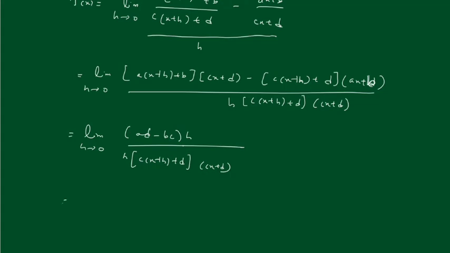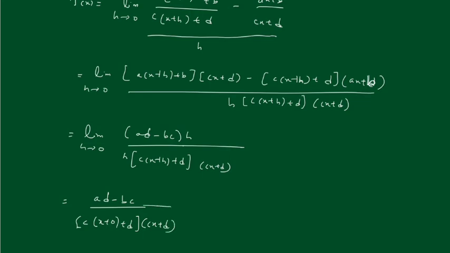So h gets cancelled. (ad minus bc) divided by (c into (x plus 0) plus d) (cx plus d).